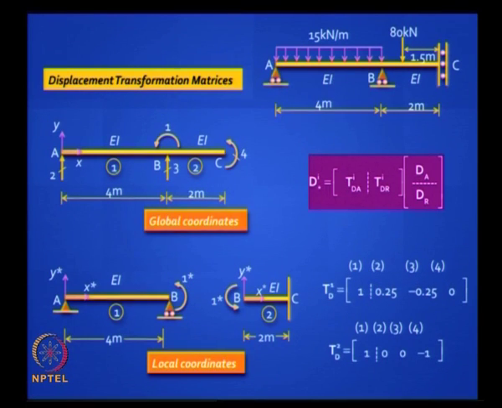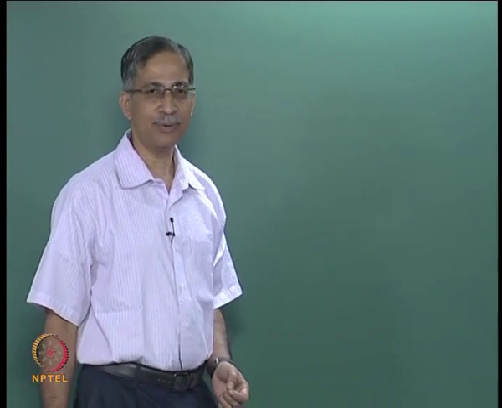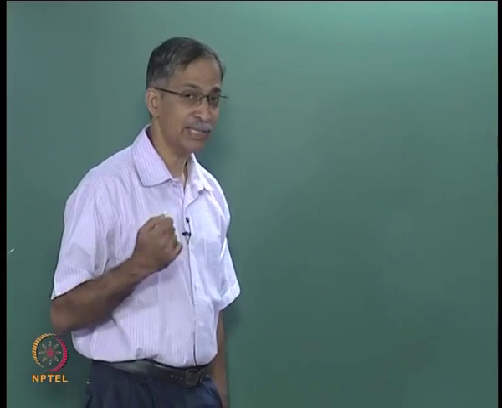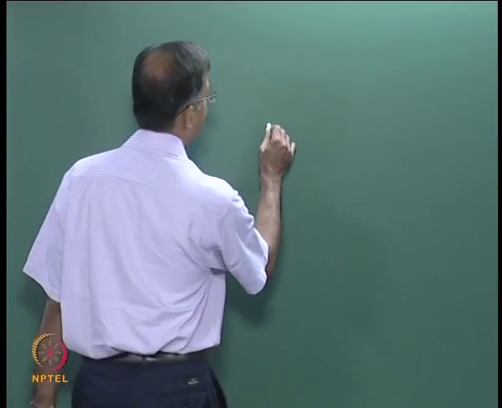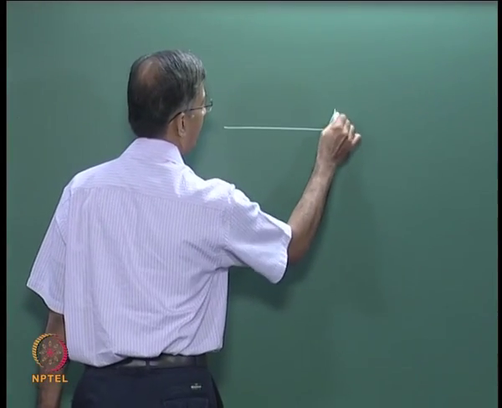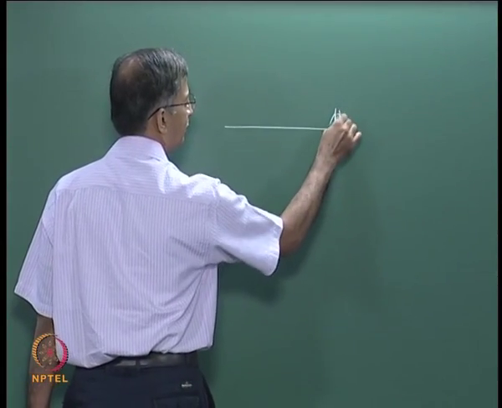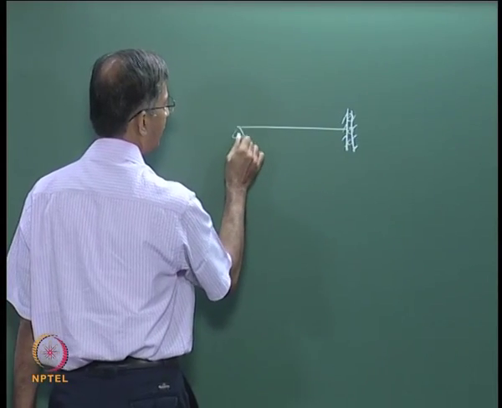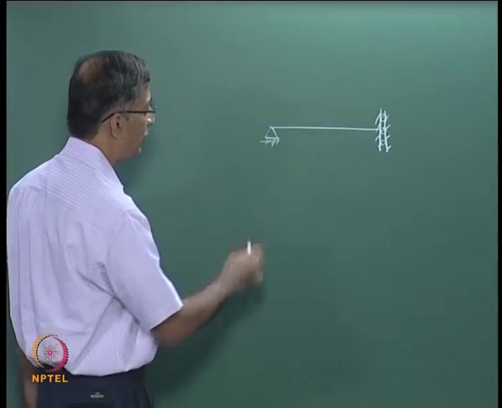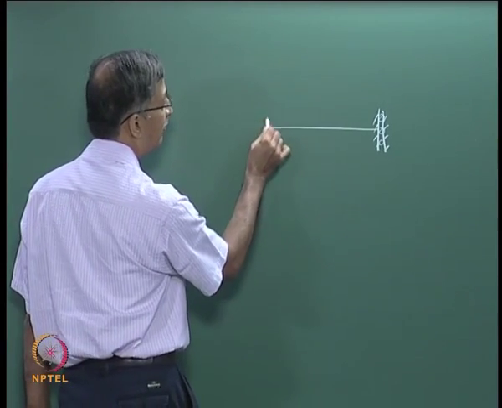Okay, let us try to generate the TD matrix for this guided fixed support case from first principles. So you have guided fixed support here, prop here, and we first take the case where you have a movement here.